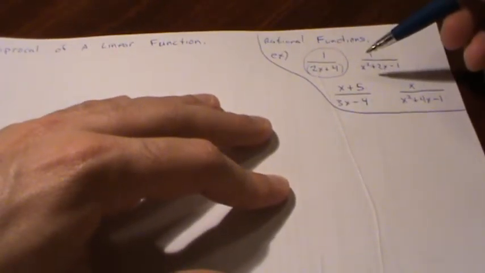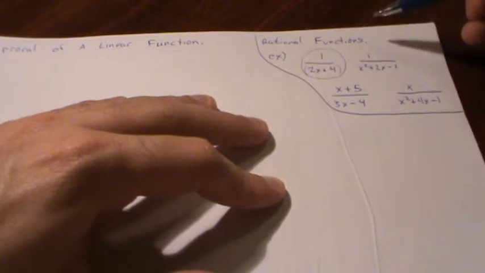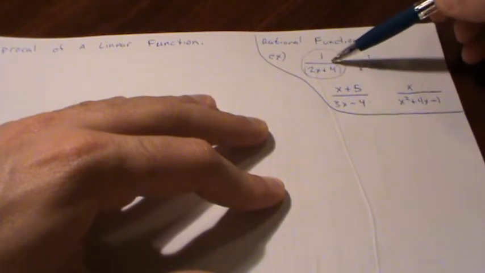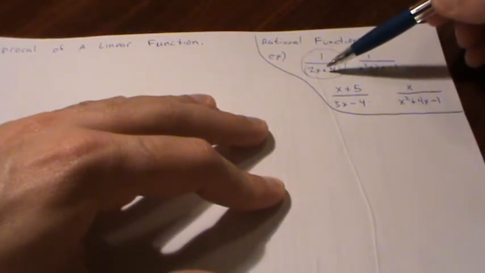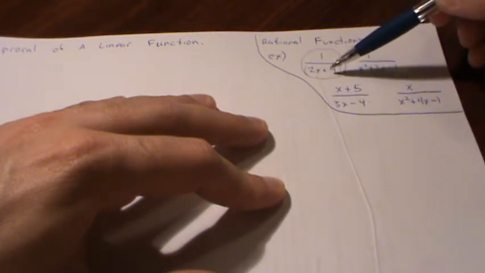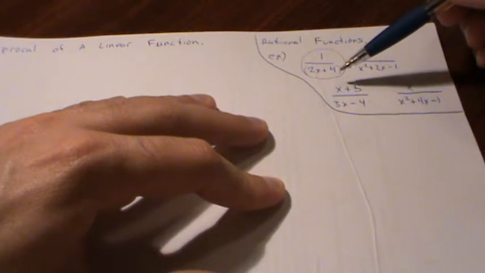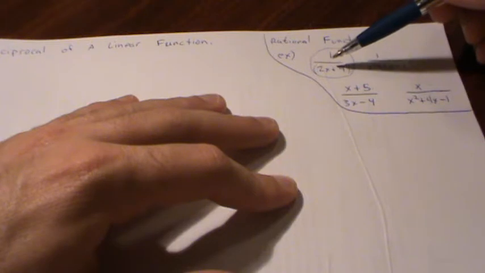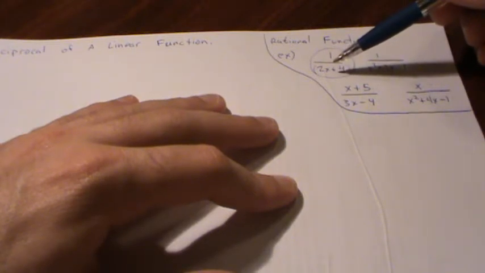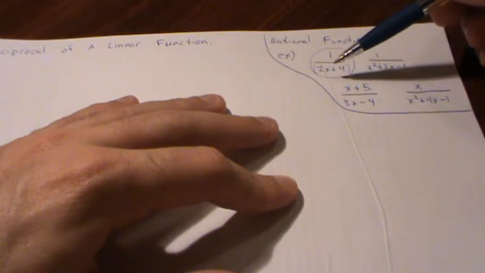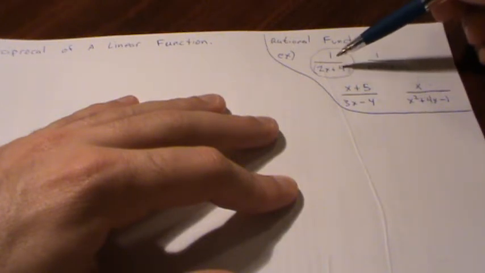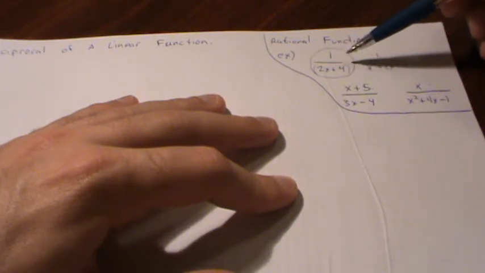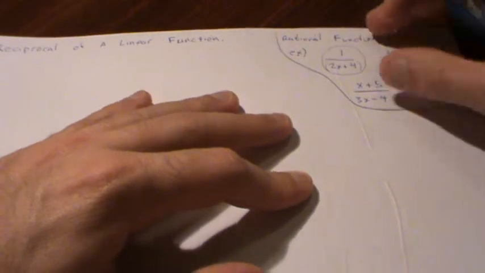Well, we are going to discuss things like where are the asymptotes, where are the x-intercepts, where are the y-intercepts, what's the rate of change of these things at any particular point, and also we're going to build the graph from the equation and build the equation from the graph.